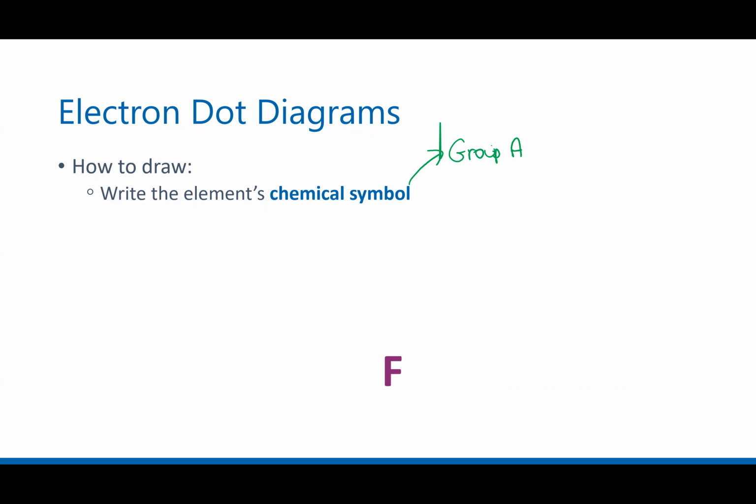Now, before I even get to the next part, I want you to imagine fluorine, that's F, as having a little box around it. With a box, or a rectangle I guess I should say, we have a top, a right side, a bottom side, and a left side.